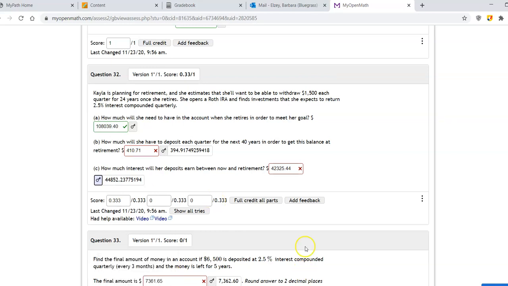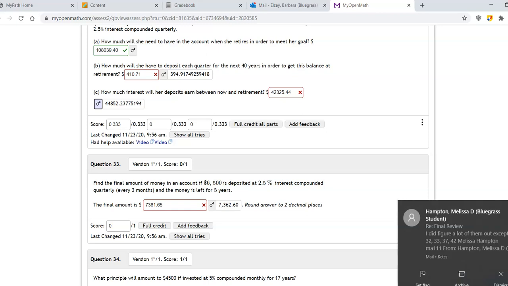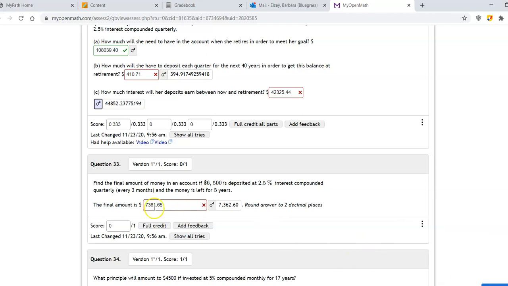All right, so let's see, you also had number 33, so let's go down there. Find the final amount of money in an account if $6,500 is deposited at 2.5% interest compounded quarterly, and the money is left for 5 years. Now, this is so close that I think you must have rounded something wrong. So we'll take a look.